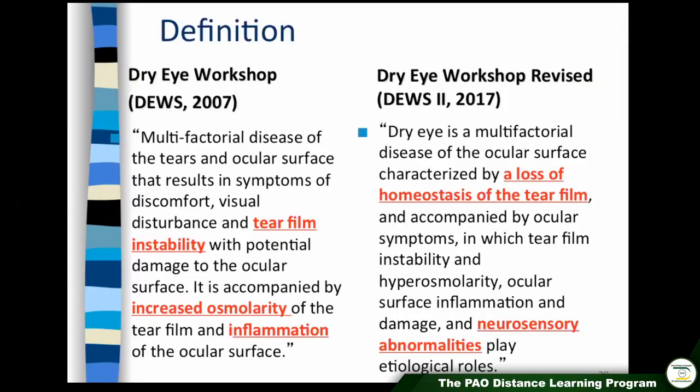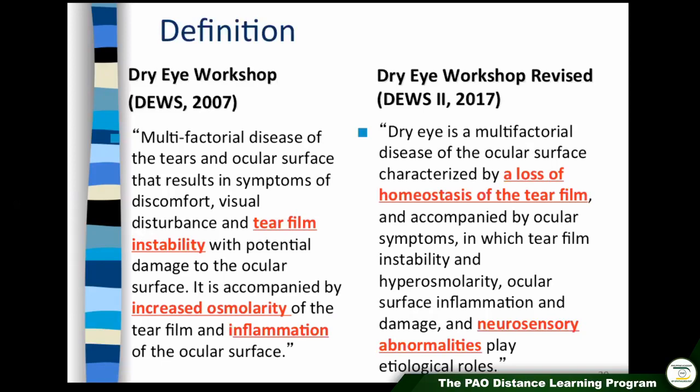Definitions have changed through the years. They were revised in 2007, and 10 years later, in 2017, telling you that it's a multifactorial disease of the ocular surface with loss of homeostasis of the tear film, with ocular symptoms, in which tear film instability and hyperosmolarity, ocular surface inflammation and damage, and neurosensory abnormalities play etiologic roles.